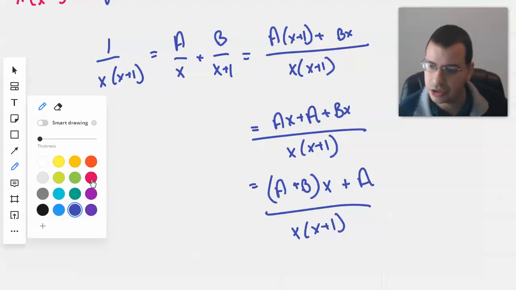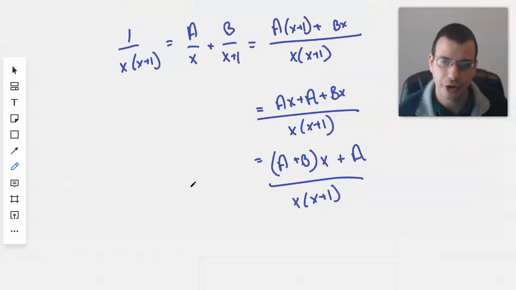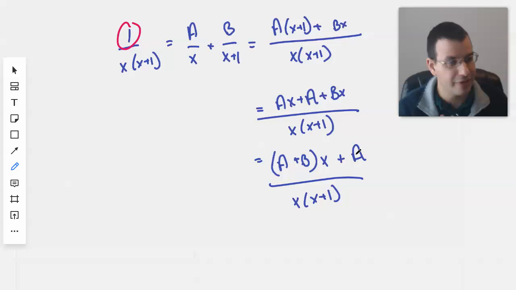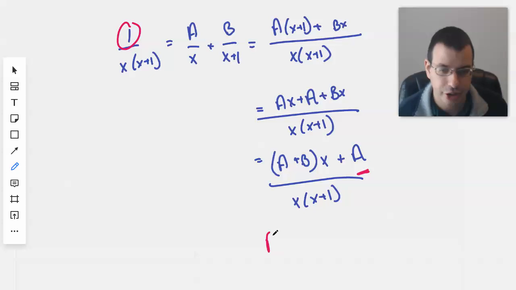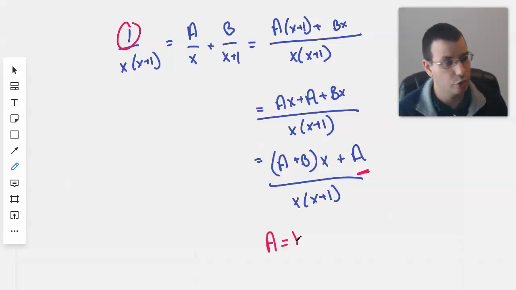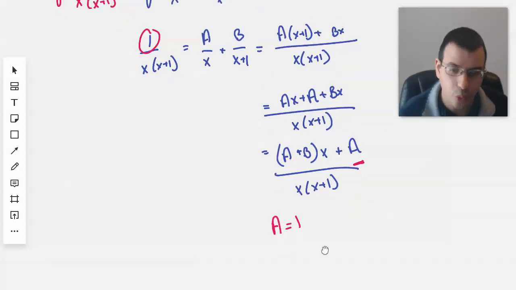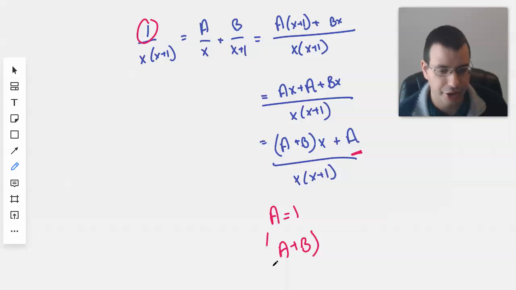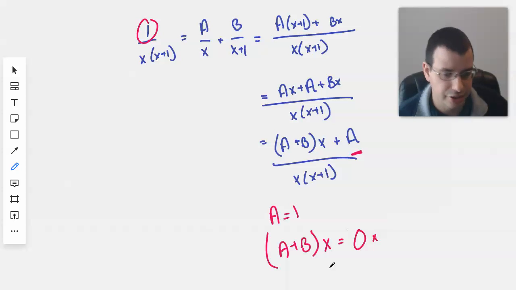Change colors. There we go. So we know that our numerator here, all we have is 1. So the only thing we have that's not multiplied by an x here is a. So we know that a has to equal 1. Well, we know that there are no x's, so we know that a plus b, times x, has to equal 0 x's.